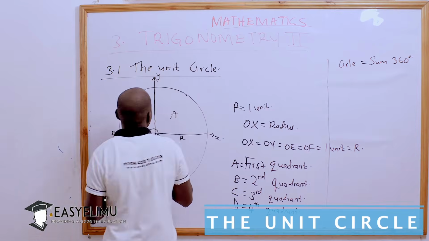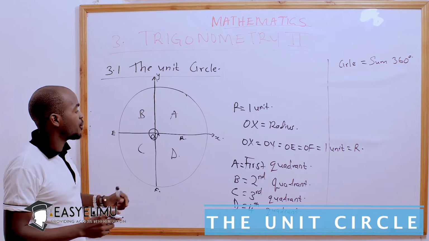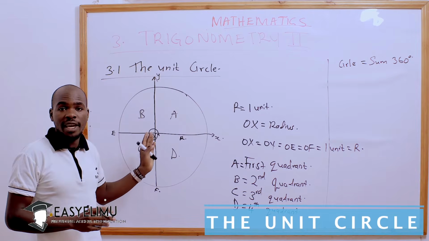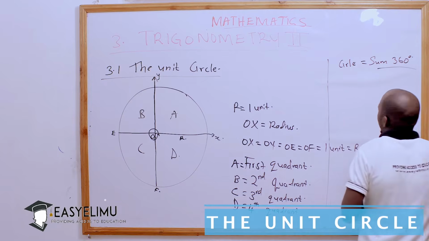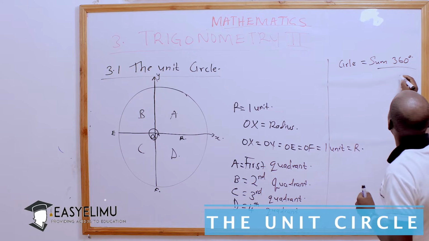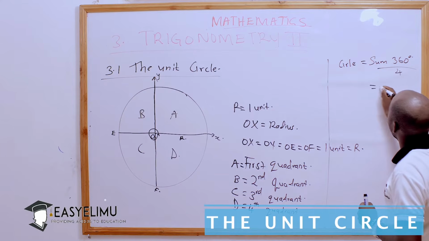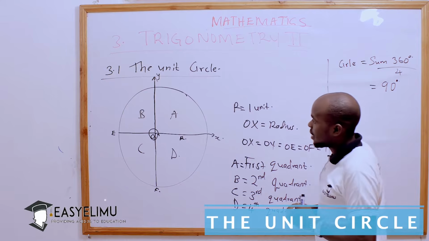And if we cut it into 4 equal portions, as we have identified first, second, third, and fourth quadrant, each quadrant is 360 divided by 4, and we will find each quadrant will be measuring 90 degrees.